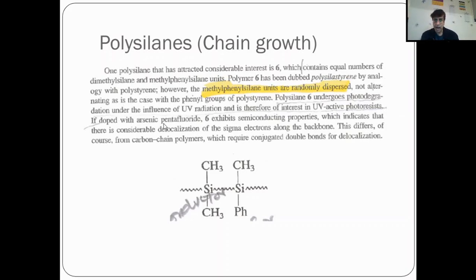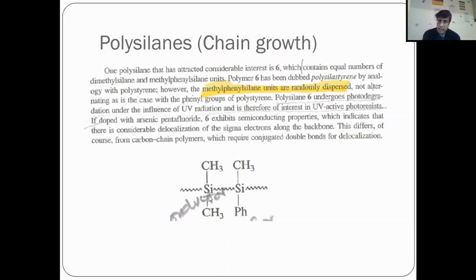If we take arsenic pentafluoride and mix it with this compound 6, then it becomes a semiconductor. This is the important thing. This copolymer we produce can be used as a semiconductor, but not by itself. First you have to mix it with arsenic pentafluoride.